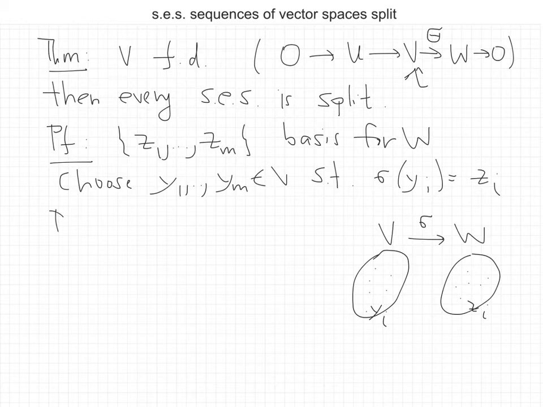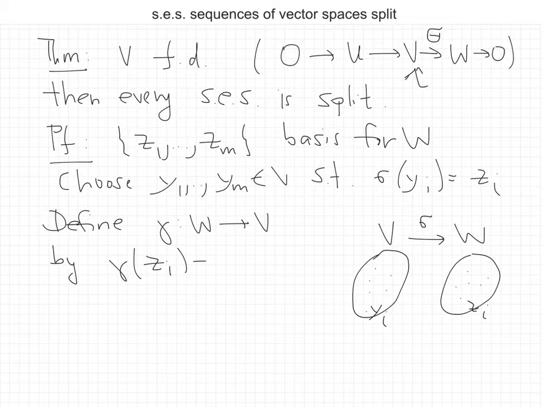But now we know we can define a linear map by telling what it does on basis vectors. So we can define gamma from W to V by gamma of zi equals, no, not wi. Gamma of zi is going to be yi. That's how I actually define the corresponding vectors.